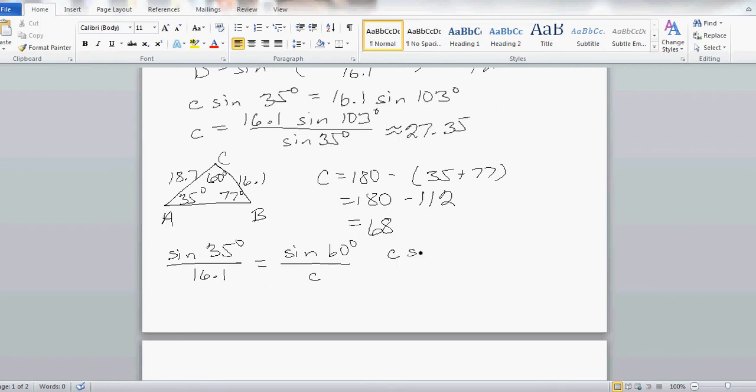So c sine of 35 degrees will equal 16.1 sine of 60 degrees. Divide both sides by the sine of 35 degrees. And an approximation to 2 decimal places gives us 24.31.